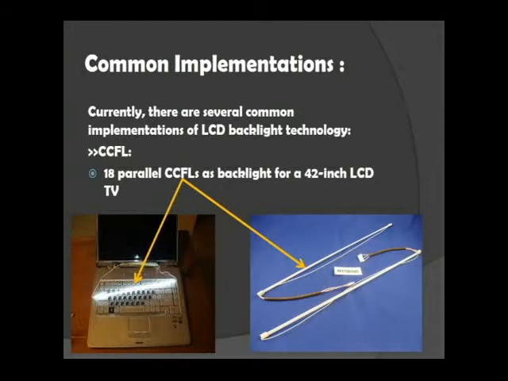Common implementations of LCDs. Currently, there are several common implementations of LCD backlight technology. The CCFL: 18 parallel CCFLs as backlight for a 42-inch LCD TV.